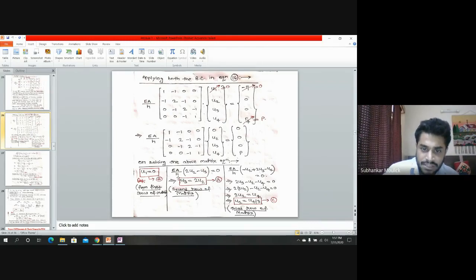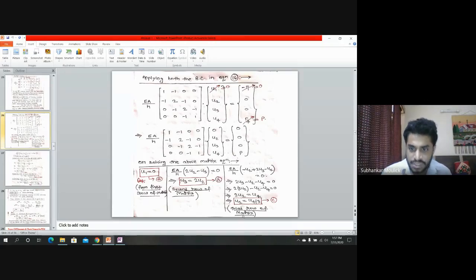EA by H is common, so 2U2 minus U3 is equal to 0, or U3 is equal to 2 times U2. Similarly, for the third row: EA by H common, 0 into 0 is 0, minus 1 into U2 is minus U2, plus 2 into U3 is plus 2U3, minus 1 into U4 is minus U4, which is again equal to 0.